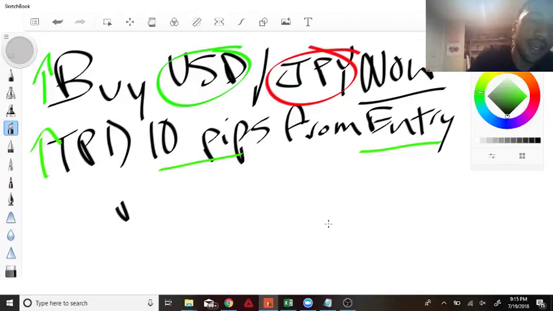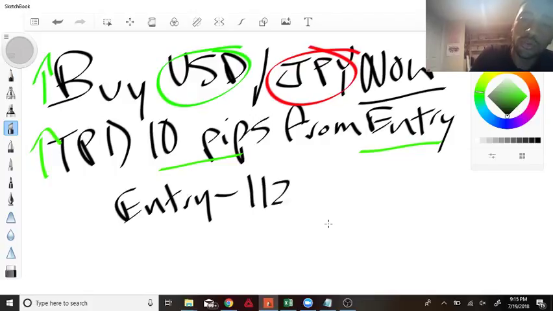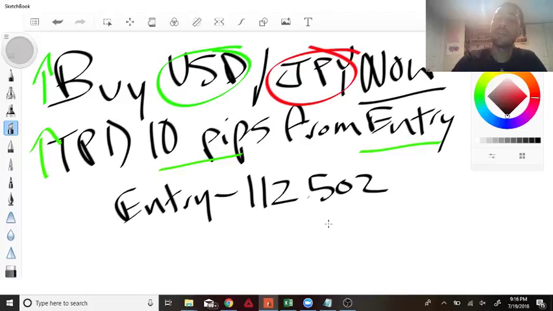All right, so let's just say that we entered. So your entry is at 112.502. You guys with me? So essentially the number that's all the way to the right, we consider it as way too small, right?